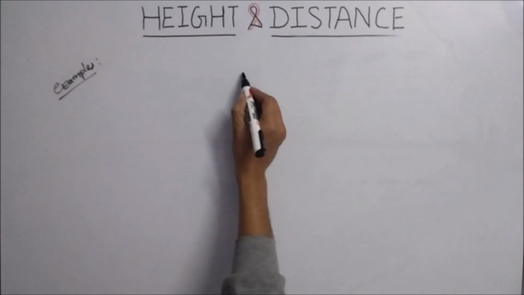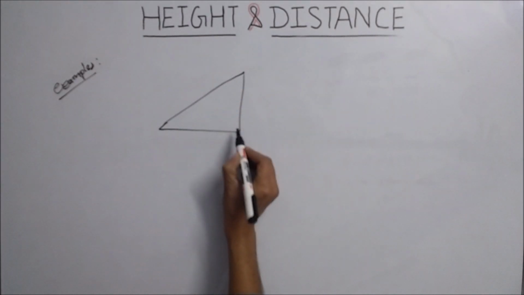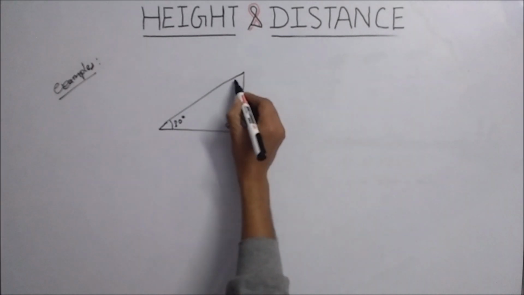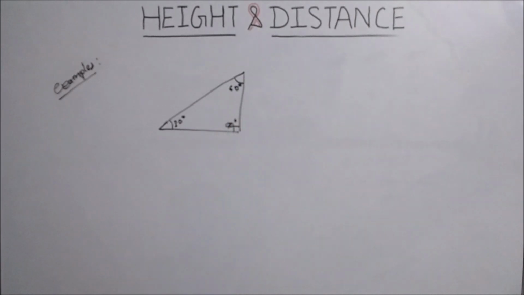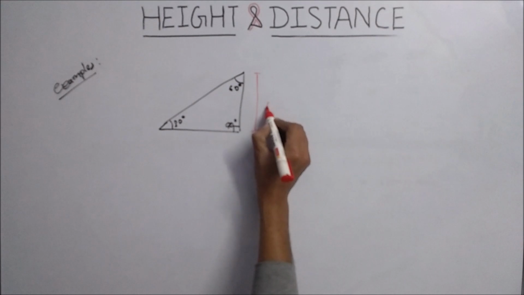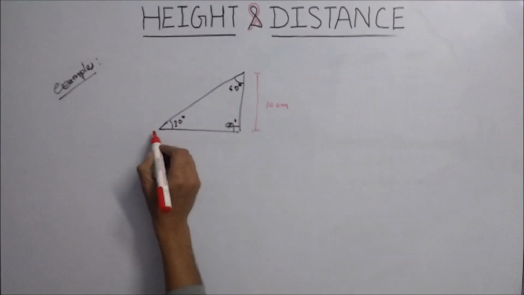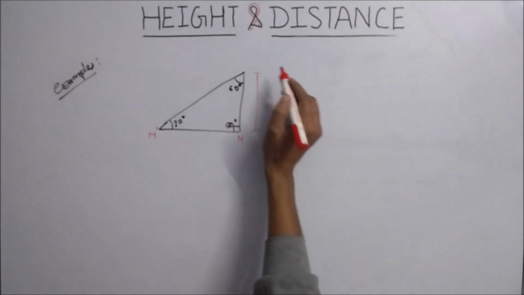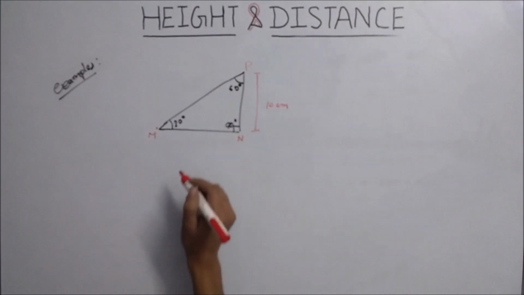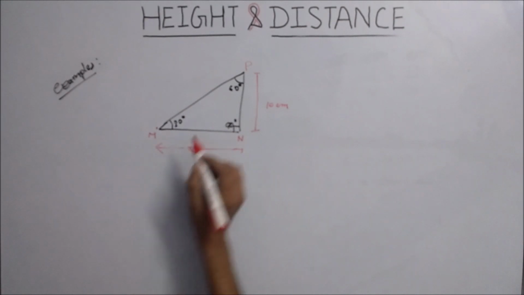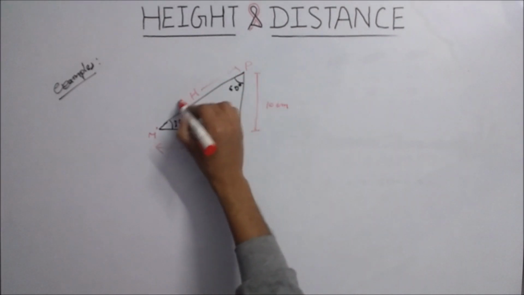Whenever you are solving a question and you find this kind of diagram, where one of the angles is 90, another angle is 30, and another angle is 60, and the height of the tree or pillar is given as 10 centimeter. A man is standing at a point M, the bottom of the tree is N, and the top of the tree is point P, and you have to find the distance between the man and the tree and this hypotenuse.